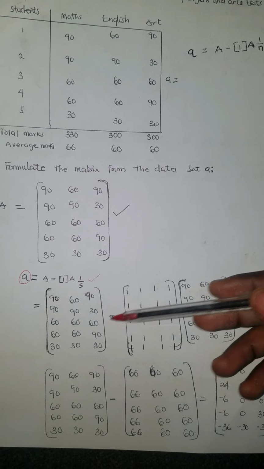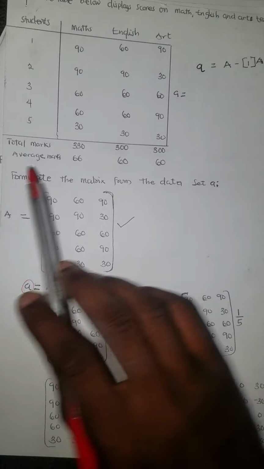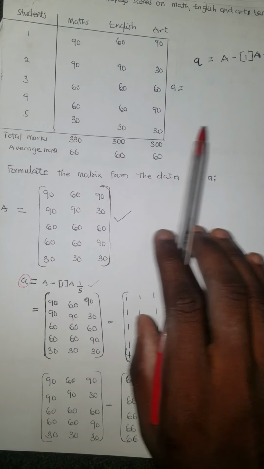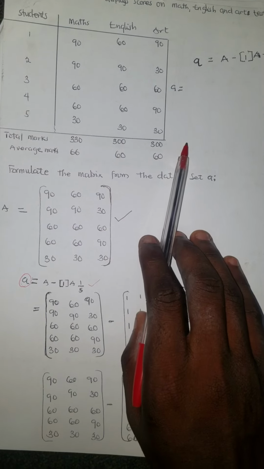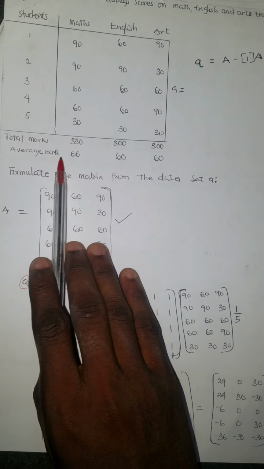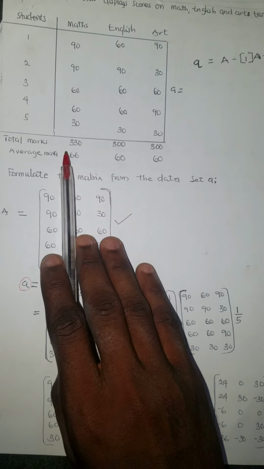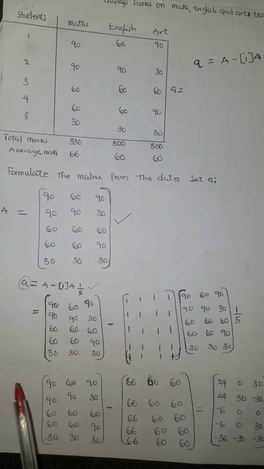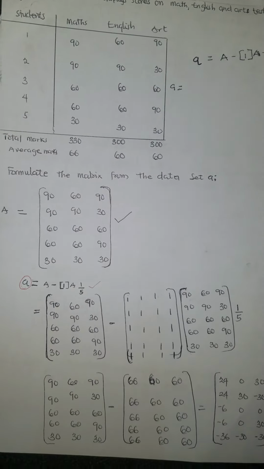So look at this. From the question, I have the total marks. This was the total marks of each student. Now the average marks, that is the mean of every subject, is what we have here.